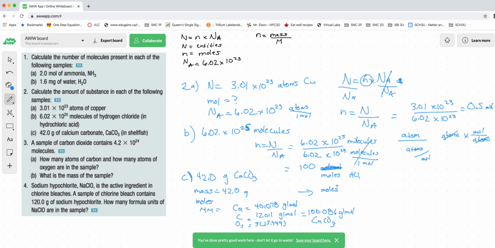So that is going to be a straight plug and chug. That is the equation on the right. Moles equals mass over molar mass, which then equals 42 over 100.086.